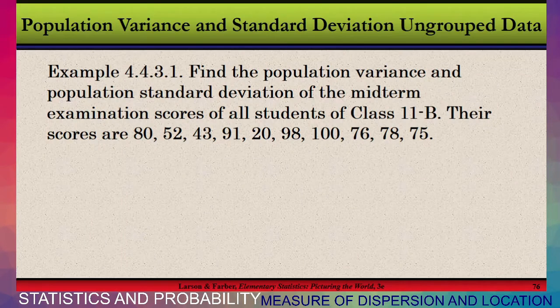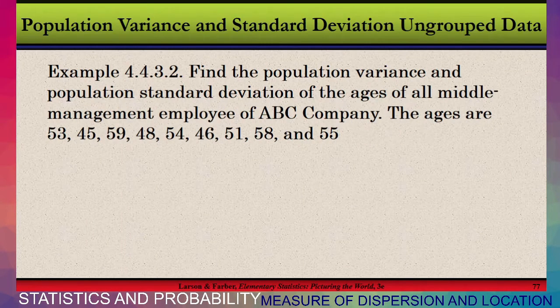So next example. Find the population variance and population standard deviation of the ages of all middle management employees of ABC company. So the ages are 53, 45, 59, 48, 54, 46, 51, 58, and 55. So ganun pa rin yung ano natin.